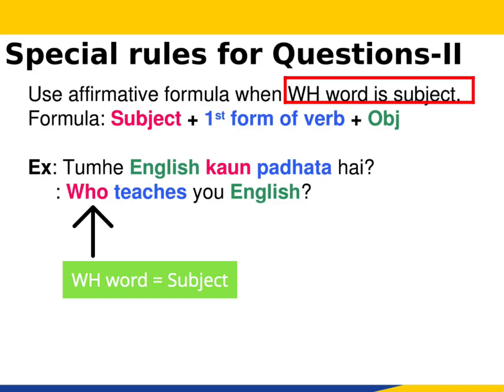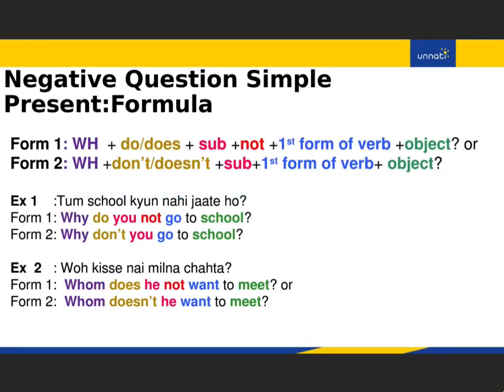So let us look at negative question in simple present tense. There are two ways to go about it. The first form is we use the WH word, then do or does, then the subject, plus not, plus the first form of verb, plus object.